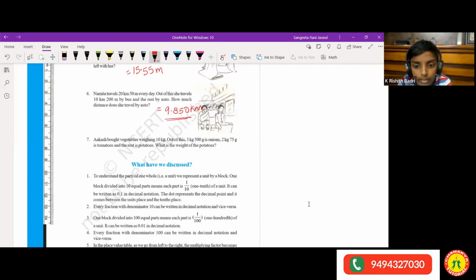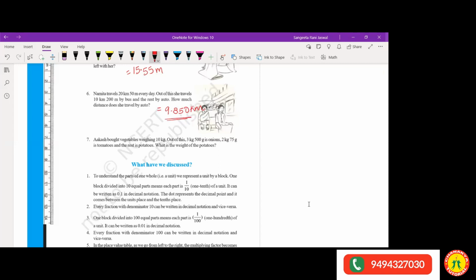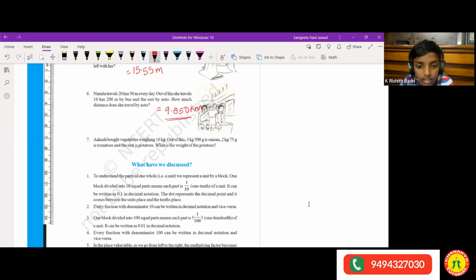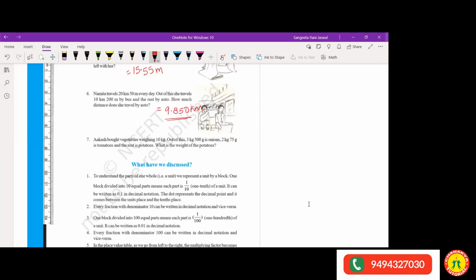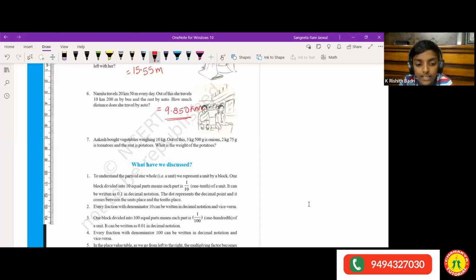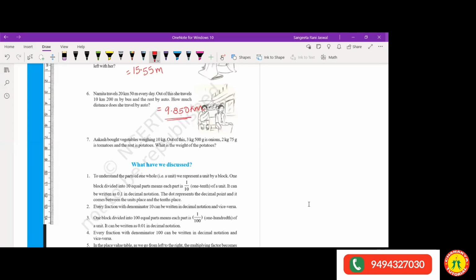The next statement: tomatoes weighing is equal to 2.075 kg. Yes, good. And the rest are potatoes. To find potatoes, first we need to add onions and tomatoes, and then subtract that from the 10 kg, the total weight of the vegetables. So do it.